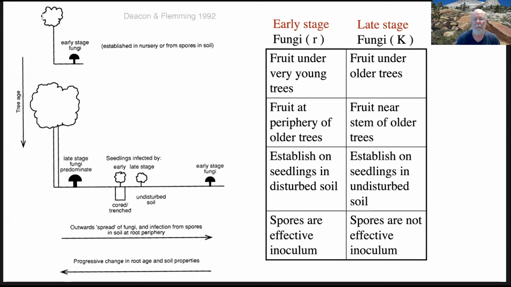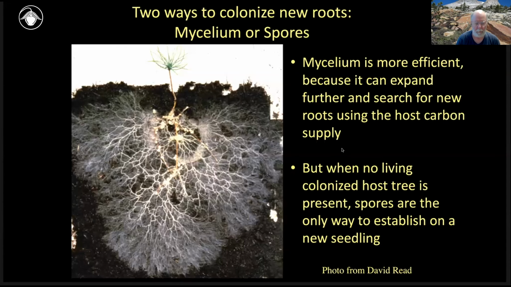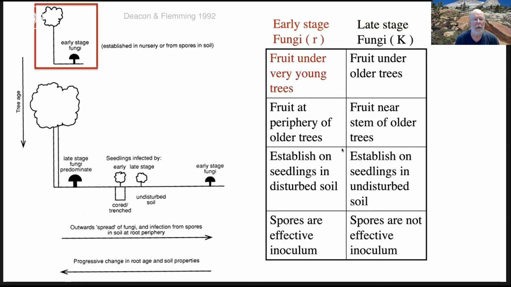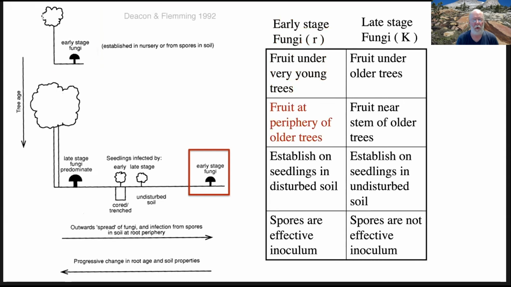And what they observed is that in very young birch trees, just a few years old, they would get a set of fungi that they termed the early stage fungi that would fruit near these trees. And as the tree got bigger, those early stage fungi would not disappear, but they would move out to the periphery of the root system to fruit.